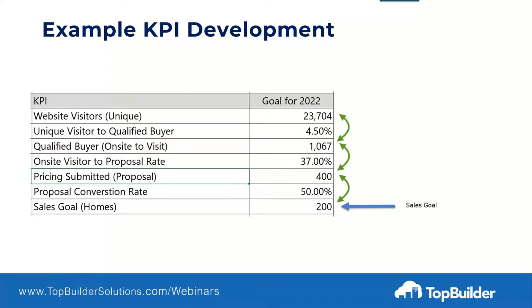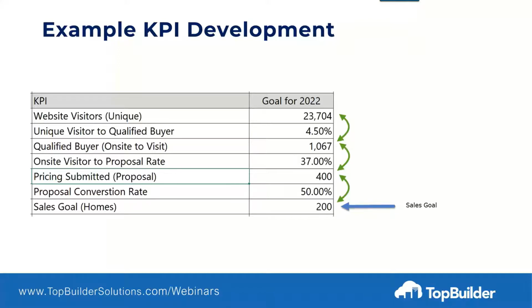Okay, and to get to that point of 400 price agreements per year, then we need to have about 1,067. I know that's kind of granular there, but 1,067 qualified buyers to get to 400 pricing agreements, or submitting 400 prices a year.